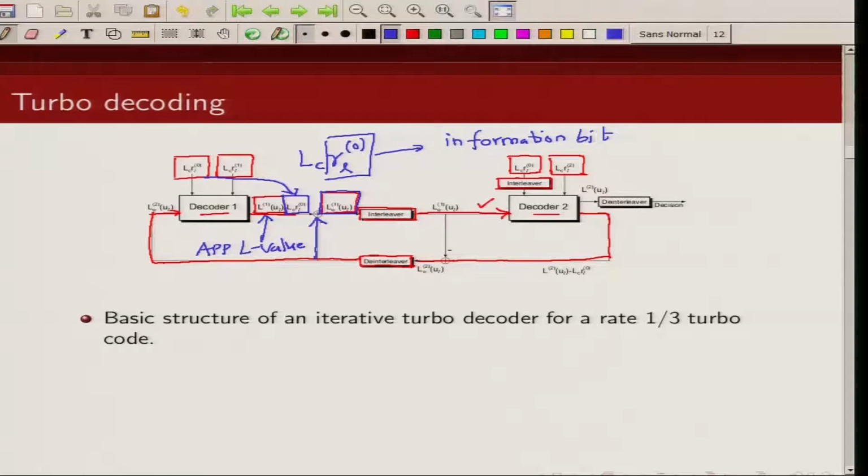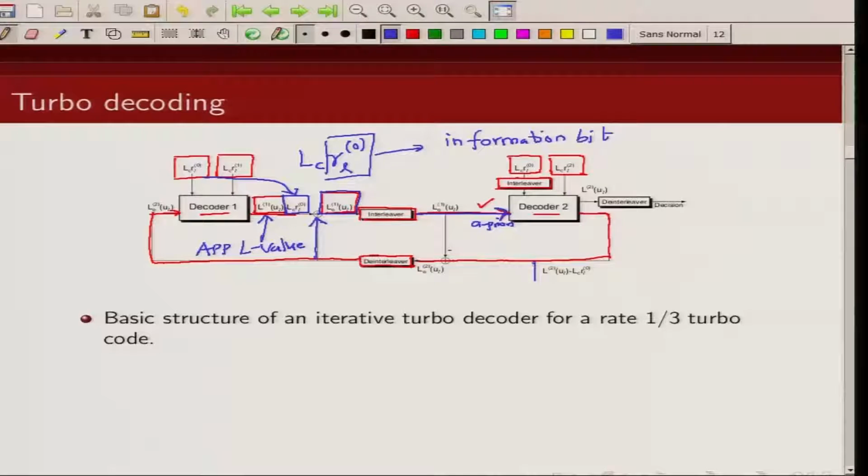What is left is the extrinsic information, and this is interleaved, because the order of the information bits in the second decoder is an interleaved version of the order of bits in decoder 1. So I interleave it and feed it as a priori information. This is how I compute the extrinsic information for decoder 1.